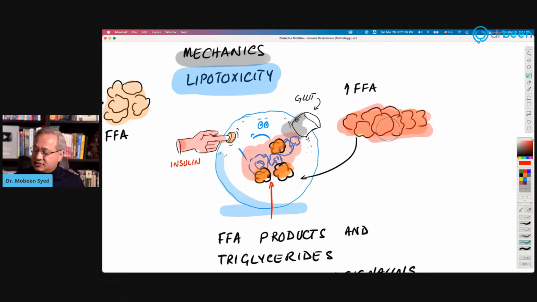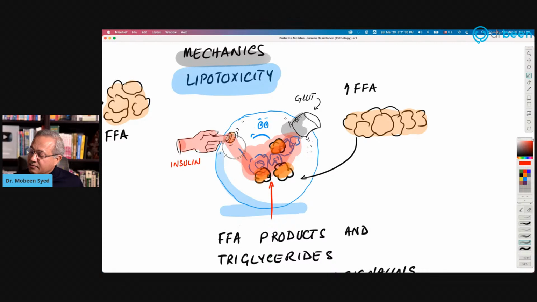These extra free fatty acids will enter all the tissue cells. Why would they enter all the tissue cells? Because there are too many free fatty acids. They would get into the cells.